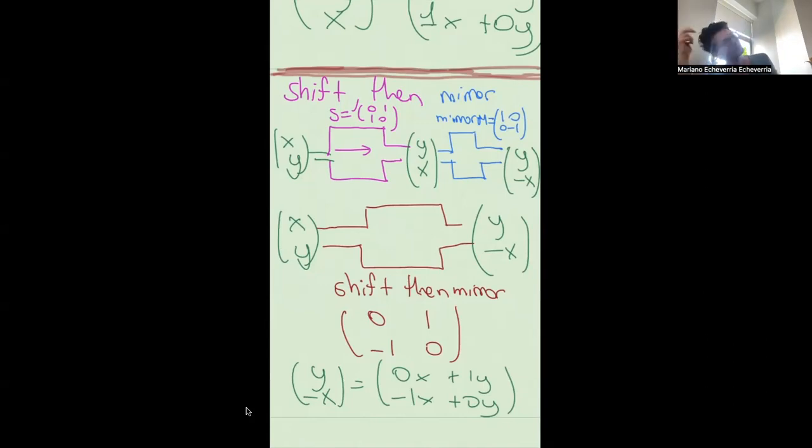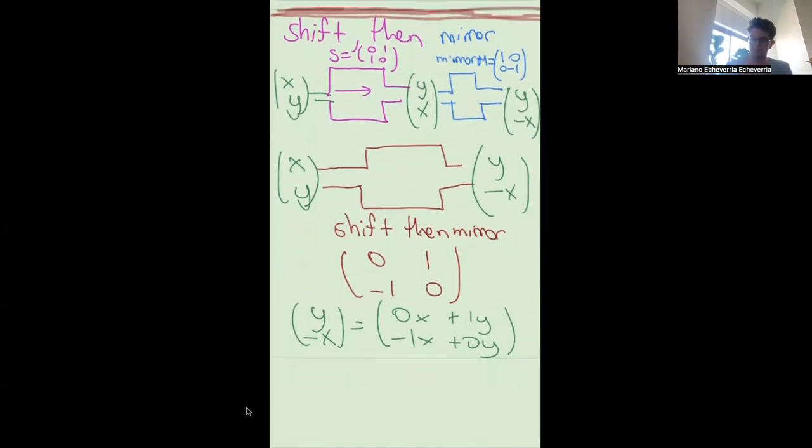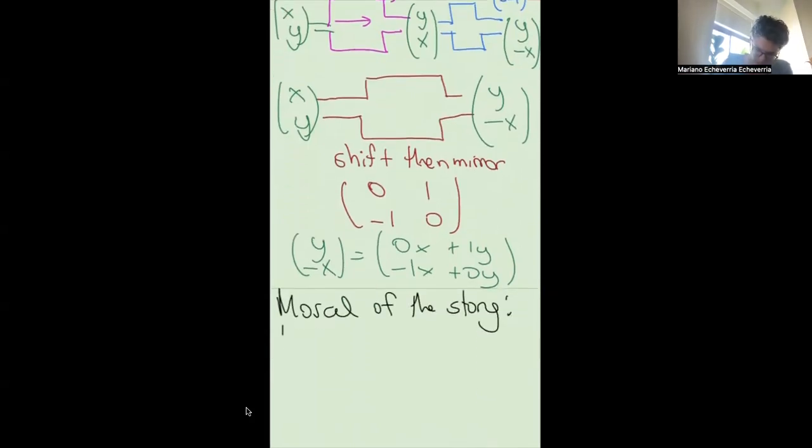In this particular case, with the matrices, this concatenation is sensitive to the order in which you do them. This example was just to show concretely that the order matters. So the moral of the story is that the order when concatenating matrices matters.